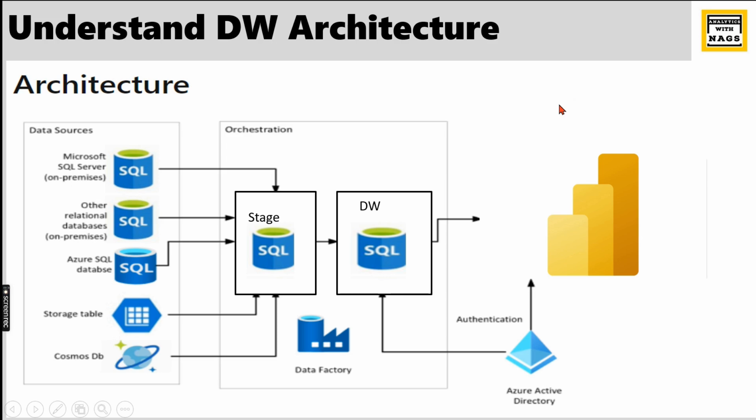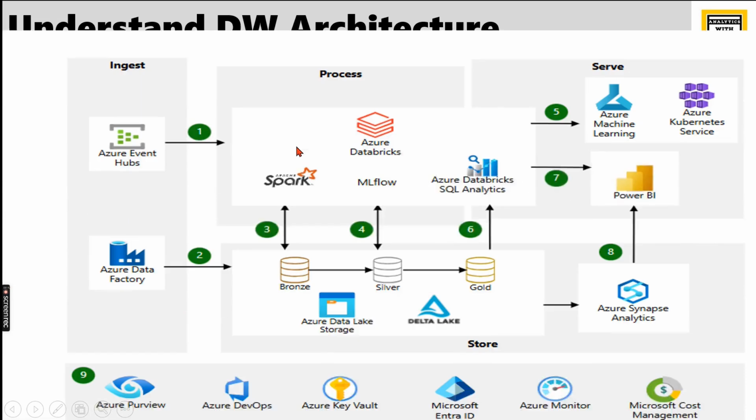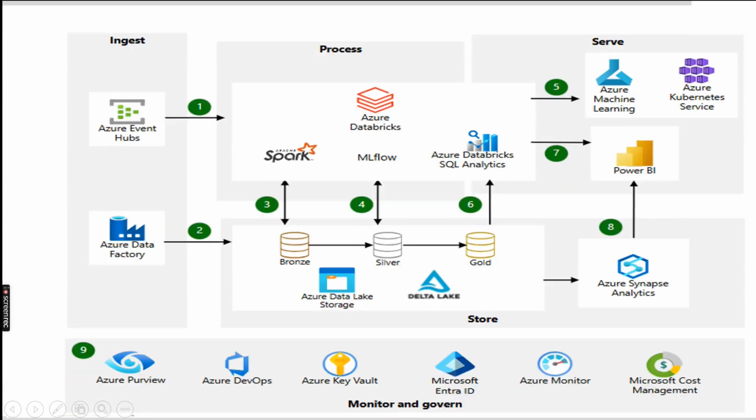So then where does the data engineer play a major role? Let's assume you have a complex architecture like this, where your data needs to be ingested and you need to maintain different layers. This is called a medallion architecture, where you maintain your data in bronze, silver, and gold. This is not the session to explain this.